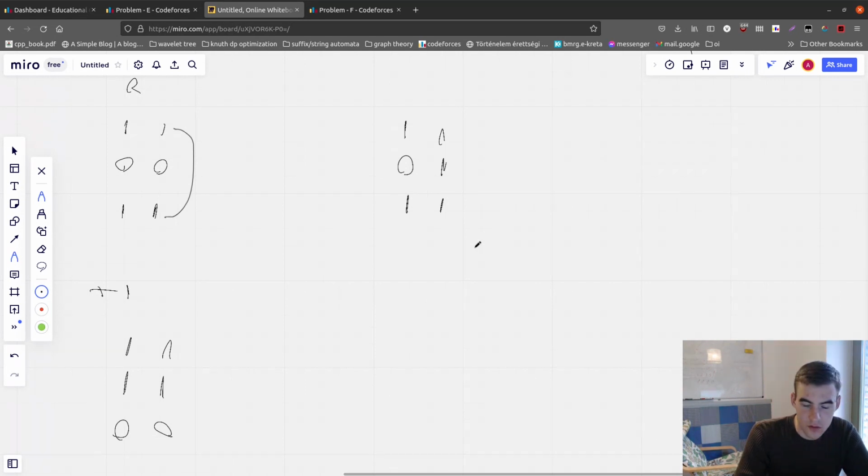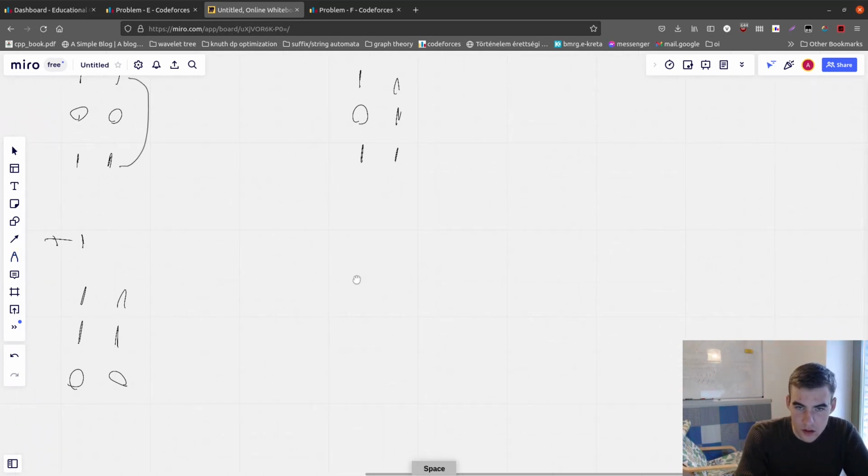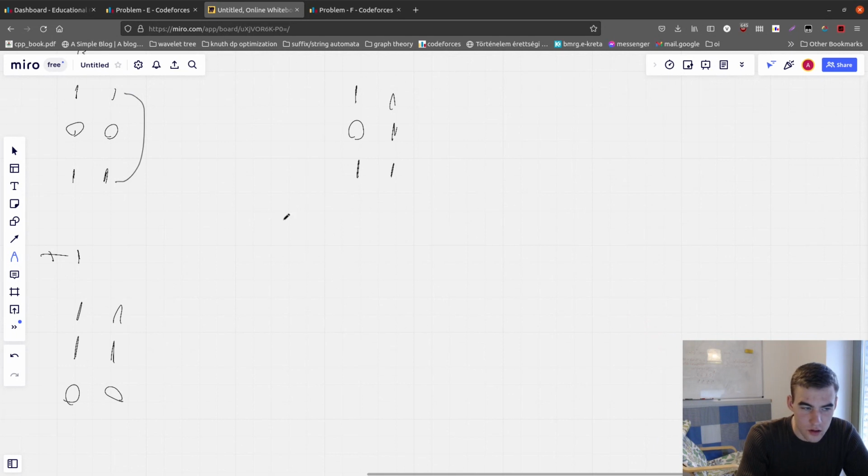Okay, and what do I do next? If the middle is on, this can be either 0 or 1, this could be either 0 or 1, and if the middle two are connected, then there's one component crossing the border.